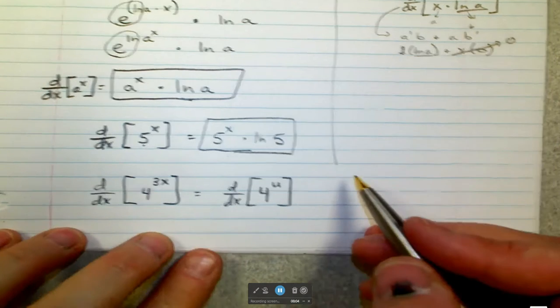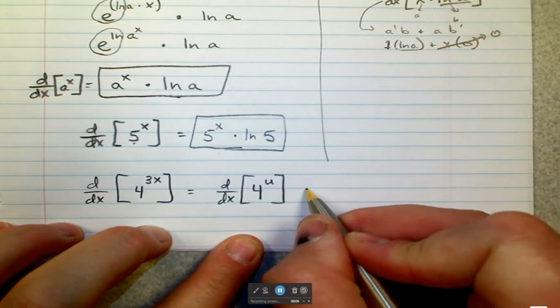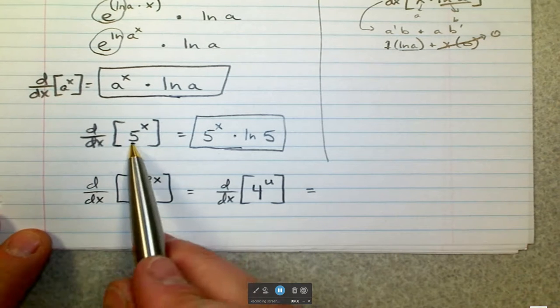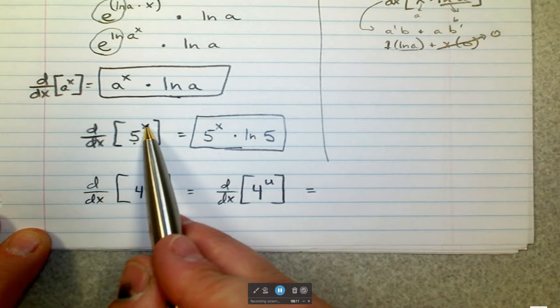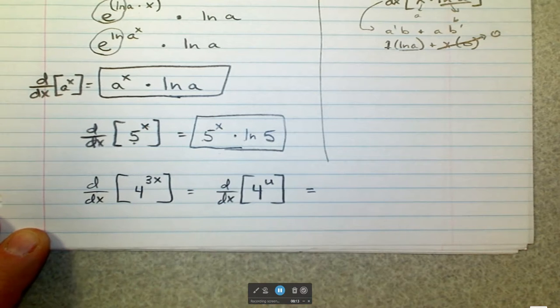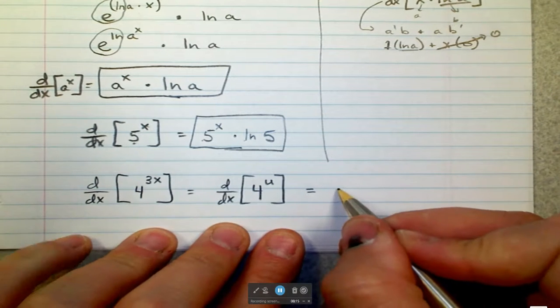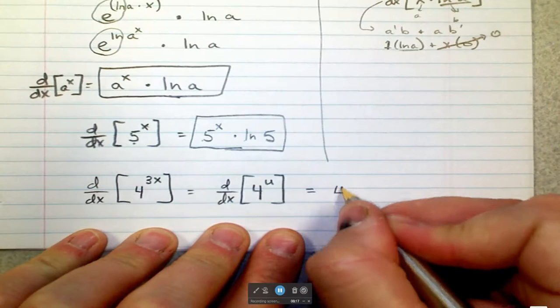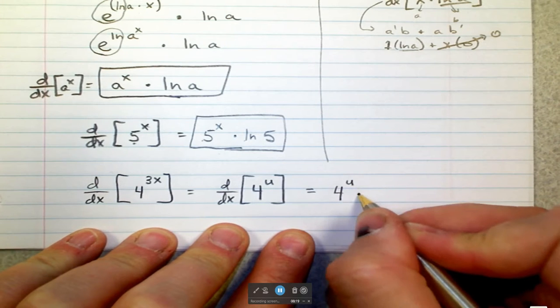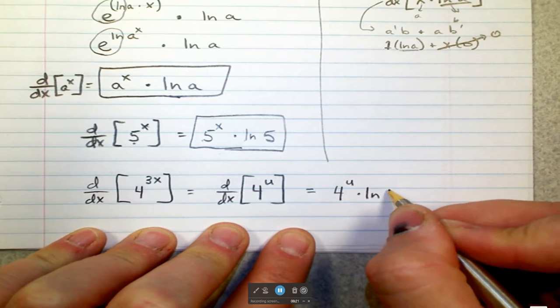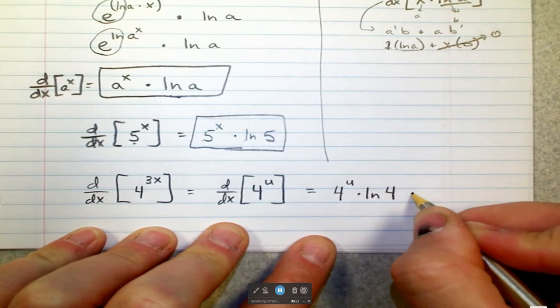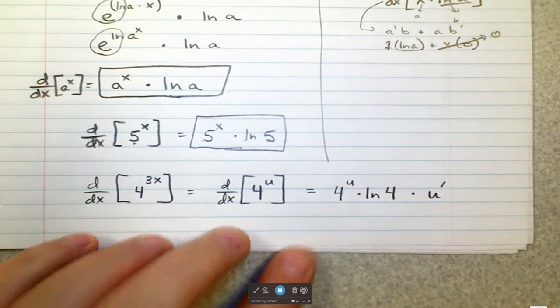And what would that derivative be? The derivative of a to the x is a to the x ln a, so this would be a to the x times ln a times u prime.